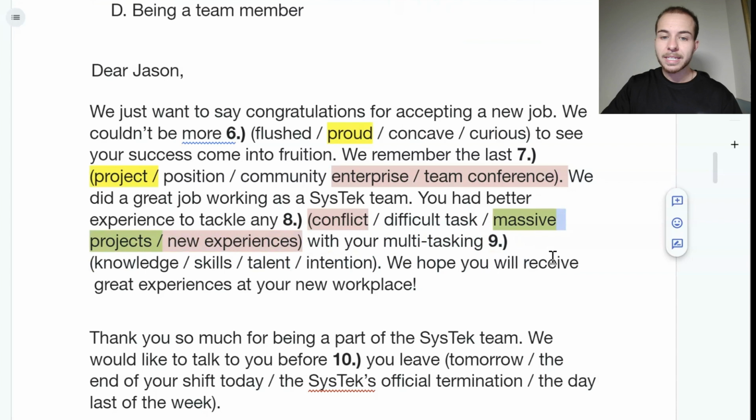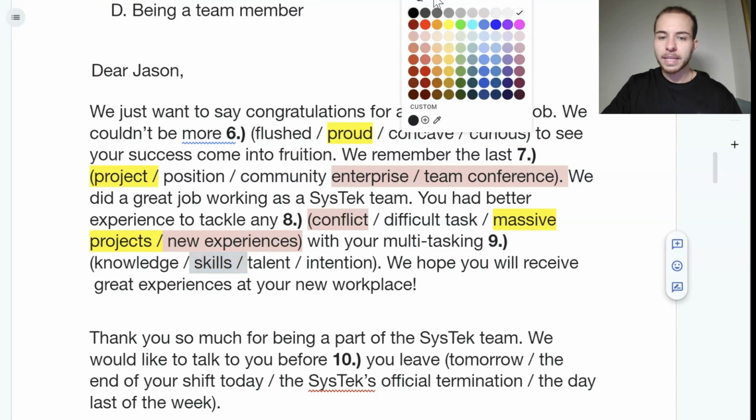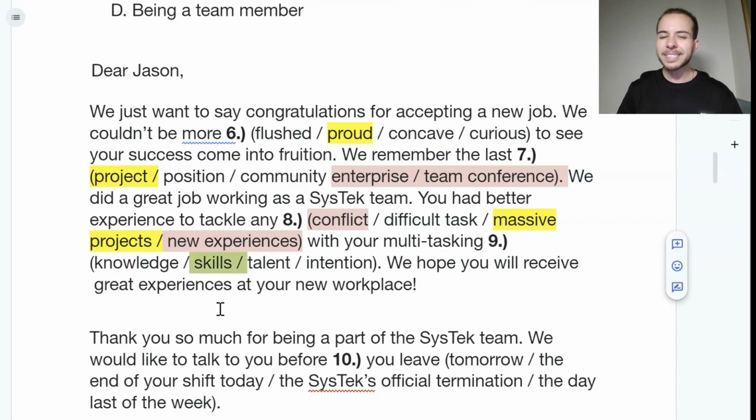Your multitasking knowledge, skills, talent, intention. Skills is used more commonly, but before we highlight it, let's just double check. Multitasking knowledge, that's not a thing. Multitasking talent can be a thing.